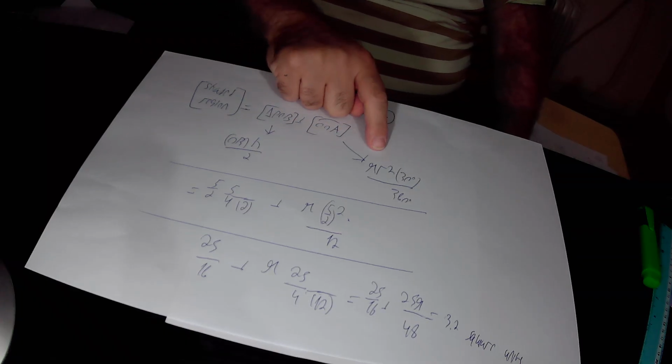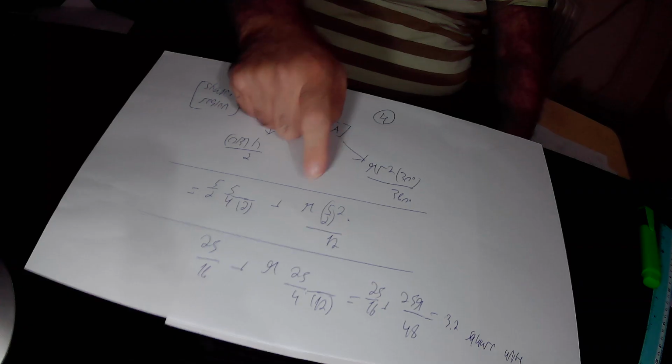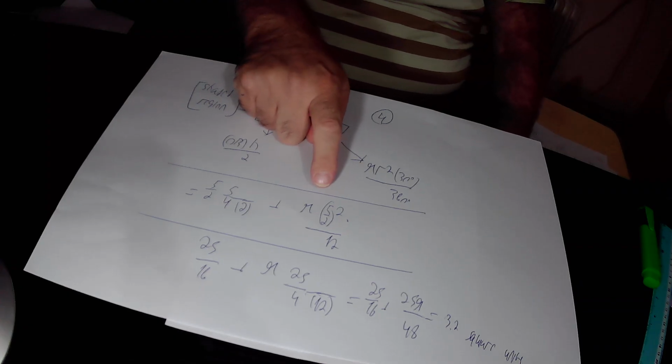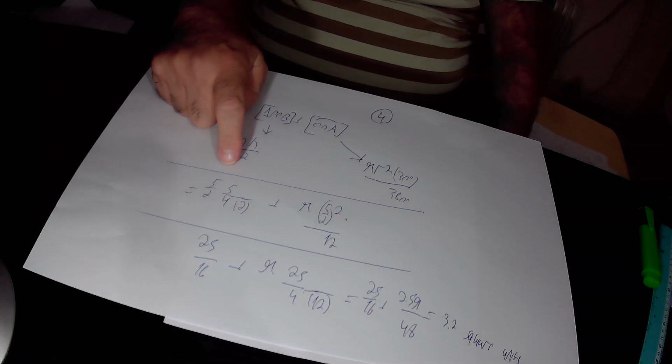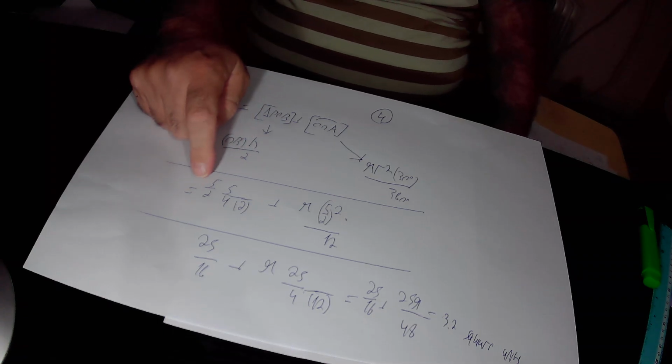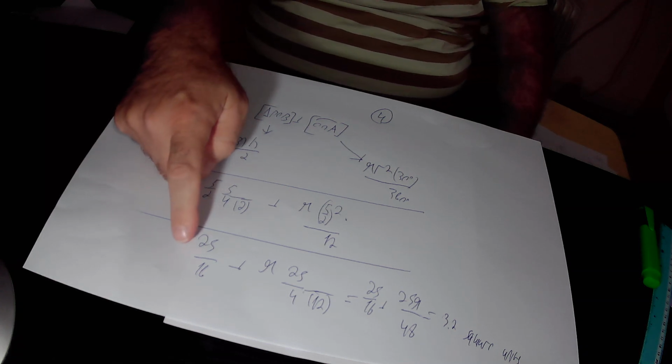So this expression pi r squared times 30 over 360 equals pi times 5 over 2 squared over 12. Here we have 5 times 5 is 25, and 2 times 2 is 4.